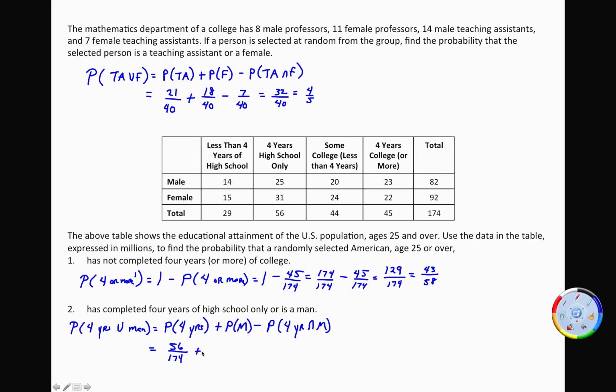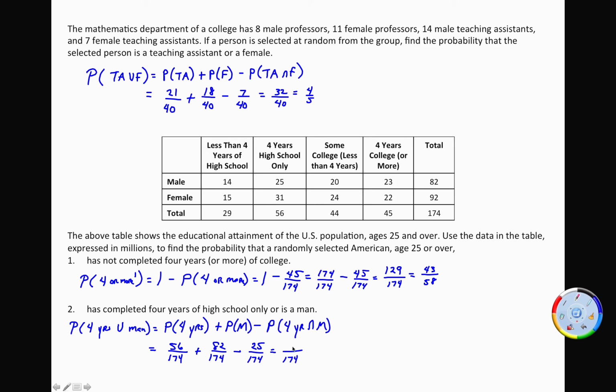The probability that the person is a male, here's my male row, is 82 out of 174, minus the probability that it's 4 years only and a male. Here's my males with 4 years of high school only. So 25 out of 174. All right, we've got that common denominator.